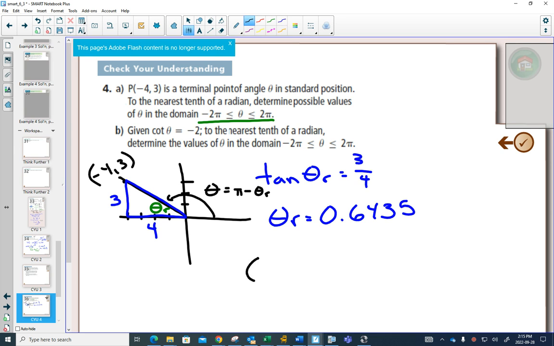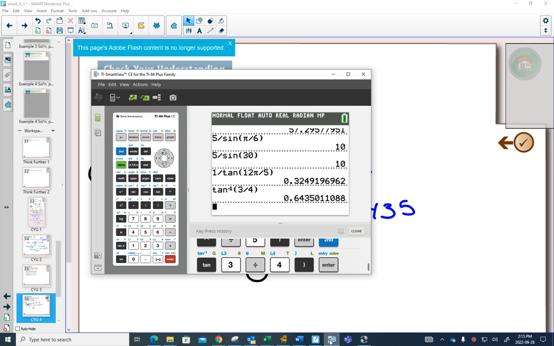So I'm going to write here, this would equal pi minus my reference angle. So the angle theta, go to my calculator. Sometimes you need to use your reference angle more than once. And if you don't want to round it early, above my on button, there's a store button. All calculators have somewhere where you can store an answer. So you can choose any letter. I'm just going to store it as x.